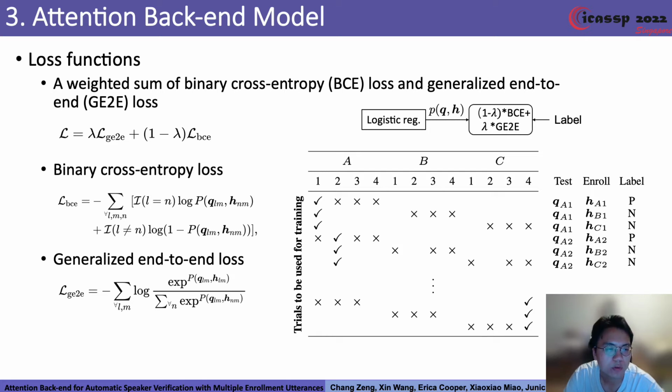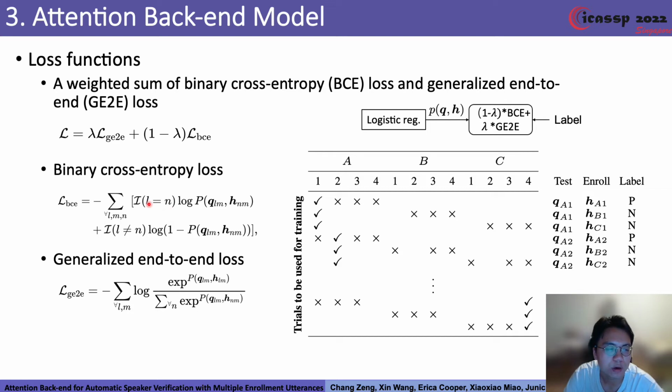As for the binary cross entropy loss, by using the sampling method mentioned in the previous page, binary cross entropy loss can be formulated by this formula. Here L and N indicate the speaker.